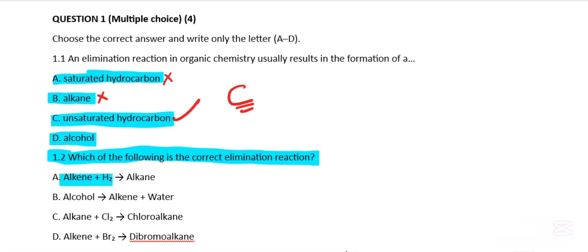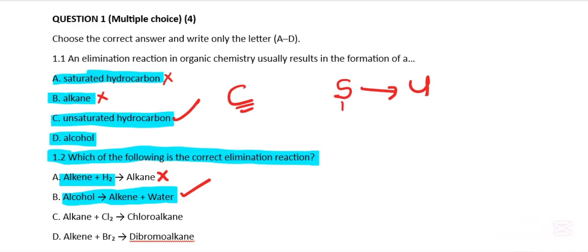Alkene plus hydrogen. Here we added hydrogen, that is not elimination. Alcohol to form alkene and water. This one is correct. In an elimination reaction we go from a saturated compound to an unsaturated compound.